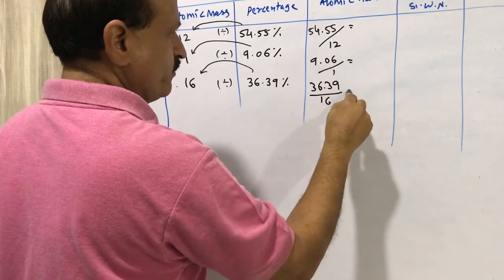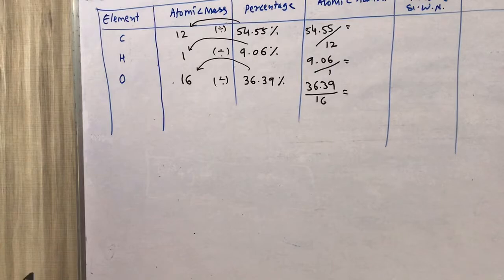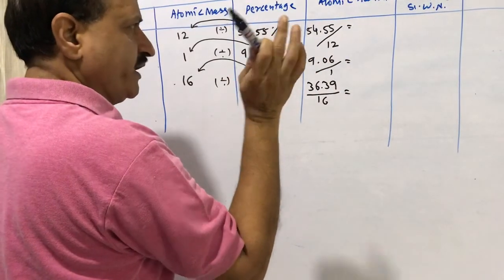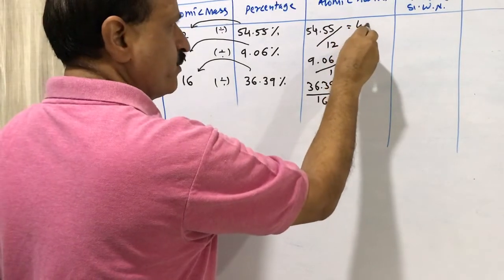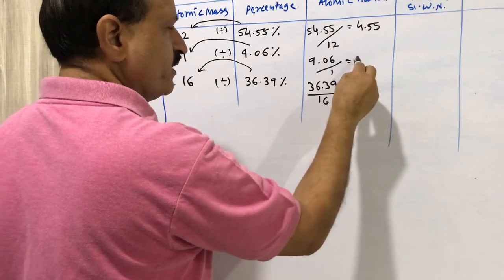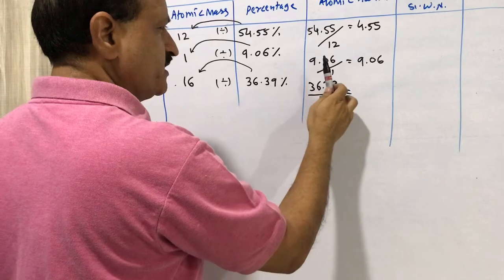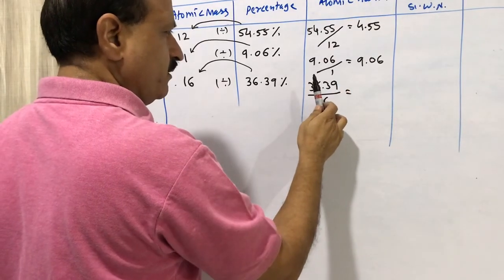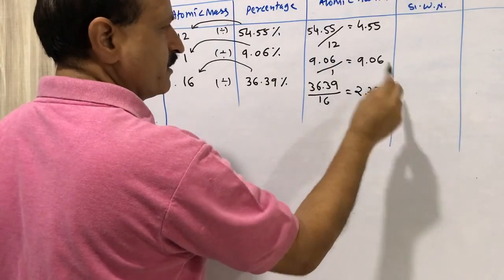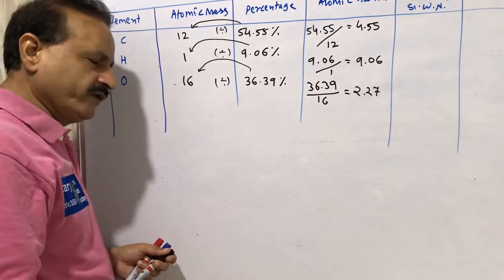Use the calculator. 54.55 divided by 12: 12 fours are 48, so it will be 4.55. 9.06 upon 1 equals 9.06 as it is. 36.39 upon 16 will be 2.27. So these three columns we have already filled.